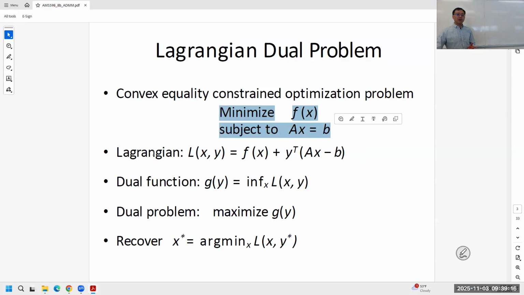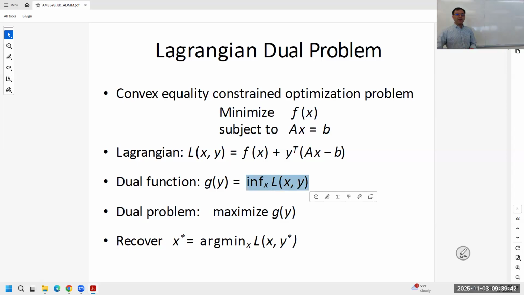We want to minimize the Lagrangian function L(x, y). This optimization problem is equivalent to the dual problem, which basically maximizes g(y). What is g(y)? g(y) is basically minimizing L(x, y), the Lagrangian function, with respect to x.